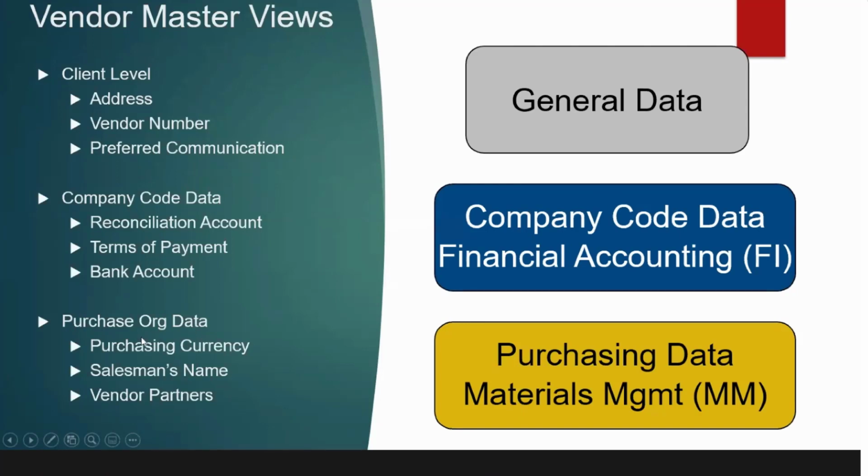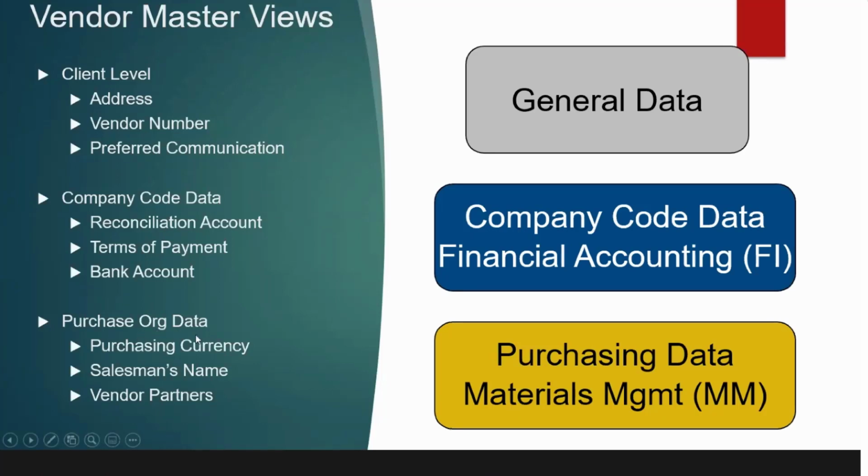Okay, I was here, purchase organization data. The data here will change based on the purchase organization that you are using. Maybe you can have different currency. If you are a big company and you have a department of sale in Europe or a department of sale in Saudi Arabia, the purchasing currency will change.